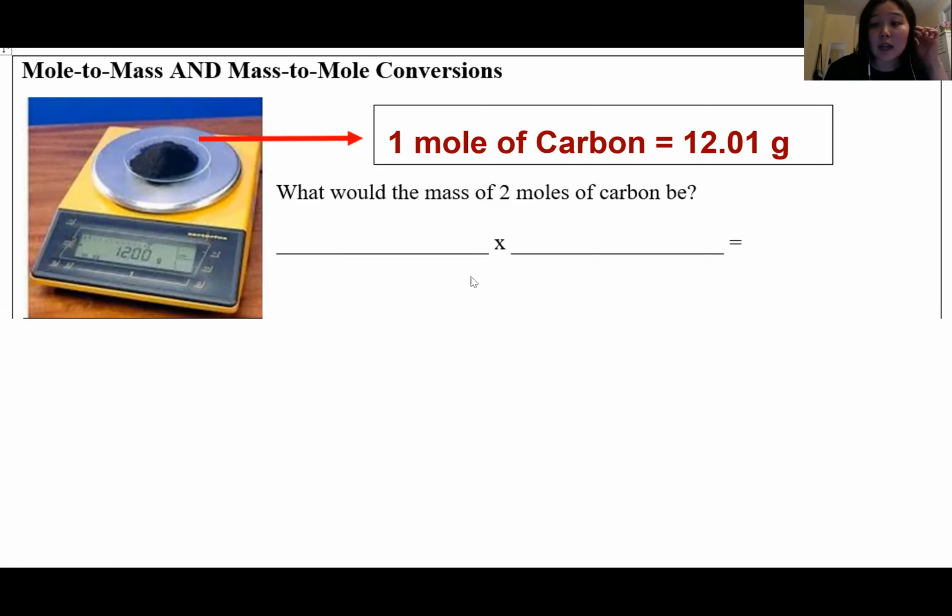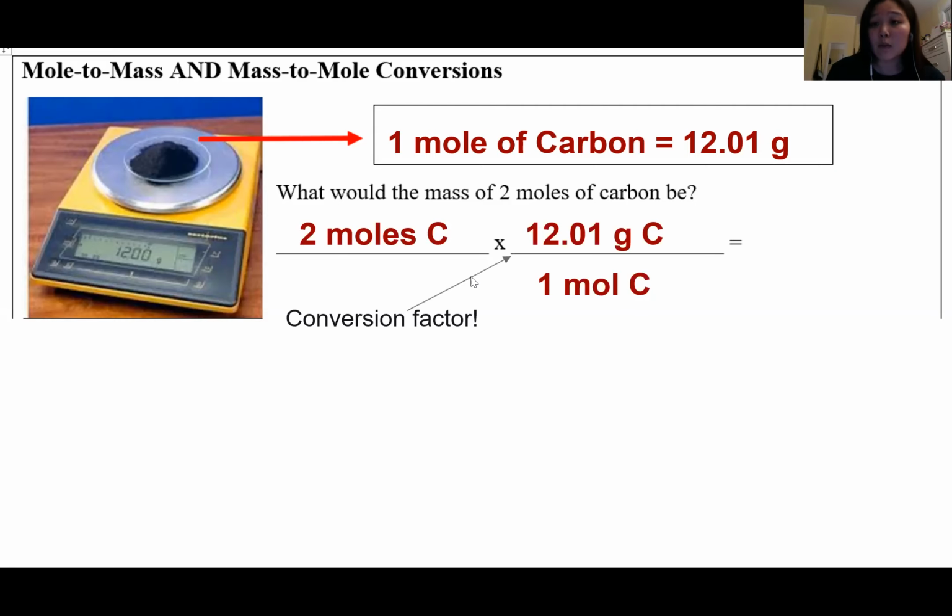And that's exactly right. So here, I'm going to multiply 2 times 12.01, but I'm using this thing called a conversion factor. If you remember from math, when you do unit conversions, you use a conversion factor to change from one unit to another unit. So here, I'm changing moles to grams.